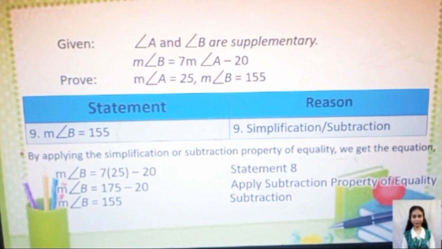Measure of angle B is equal to 175 minus 20. We multiply 7 times 25 to get 175, minus 20, applying the subtraction property of equality. Then measure of angle B is equal to 155. So now we're using subtraction.